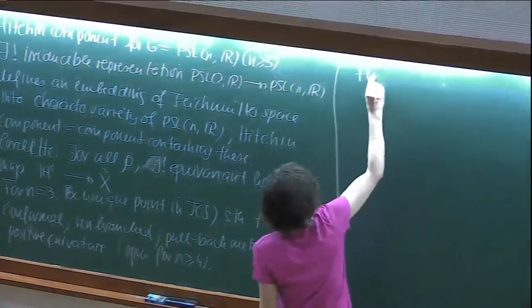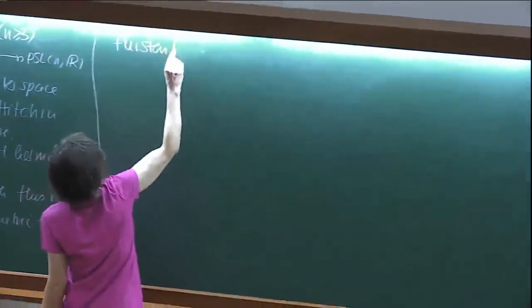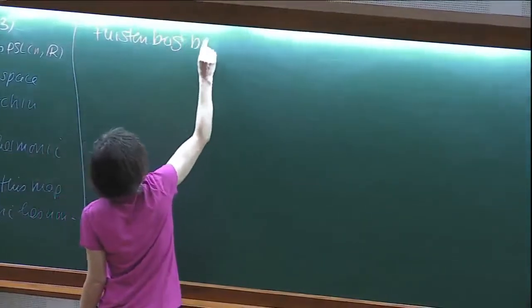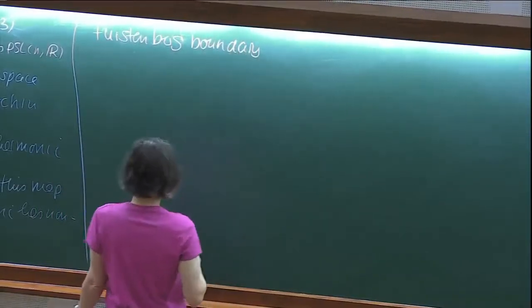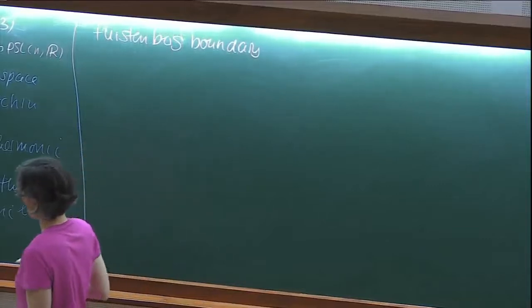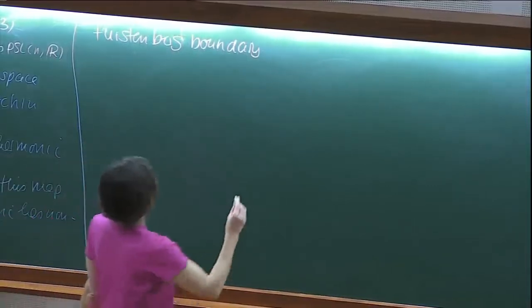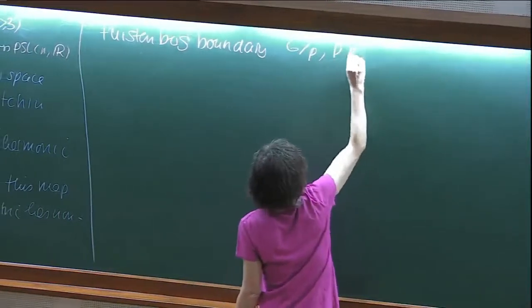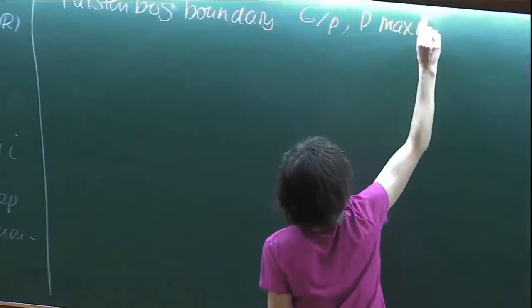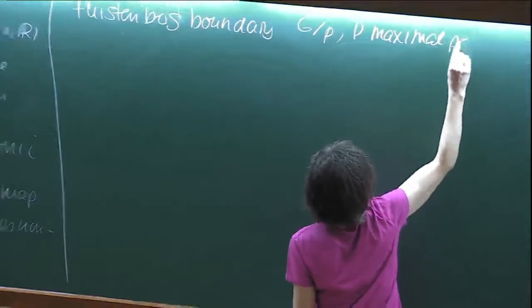First of all, we have the Furstenberg boundary of the symmetric space, or of the group, rather the group. This is equal to G mod P, and P is a maximal parabolic subgroup.